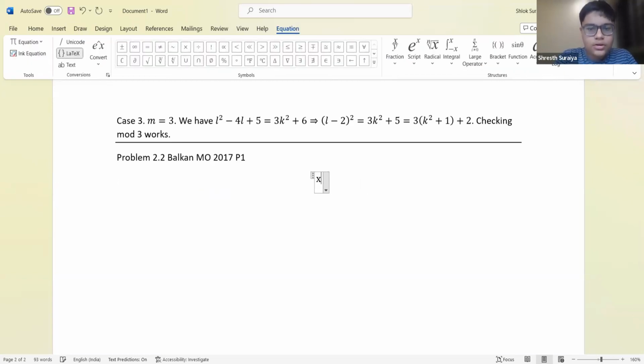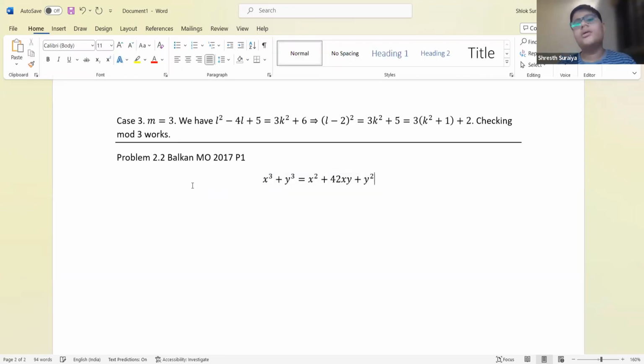So the Balkan problem: x cube plus y cube equals x square plus 42xy plus y square. See, the problem is that the left hand side has degree 3 and the right hand side has degree 2. So a good way to handle this is to reduce the degrees into something manageable.